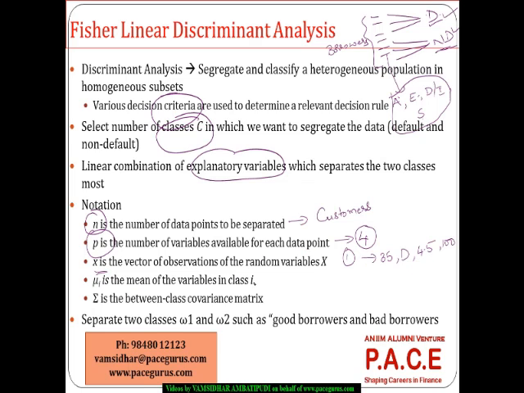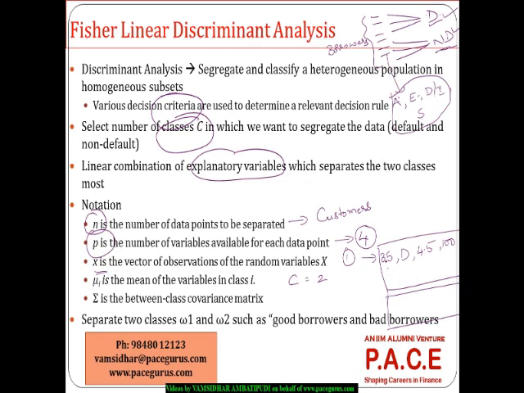And let's say we are dividing the whole data into 2 classes. So C for me is 2. And I'm trying to find mu i as the mean of the variables in class i. The default is one class, no default is the other class.